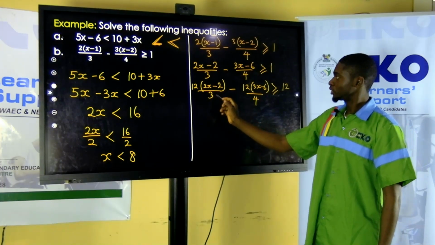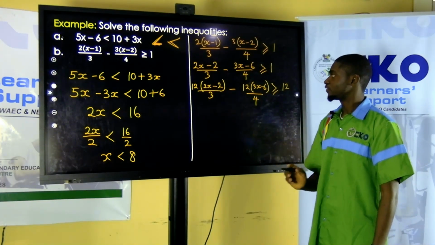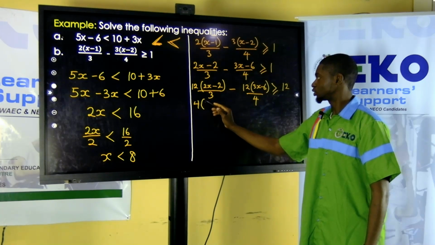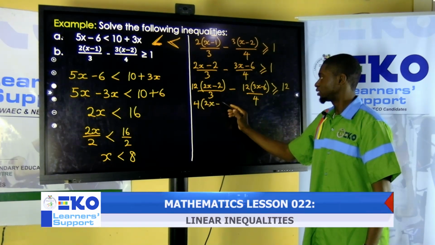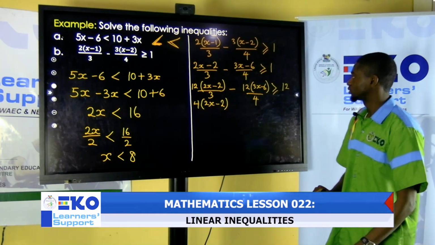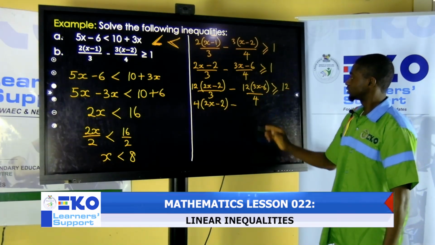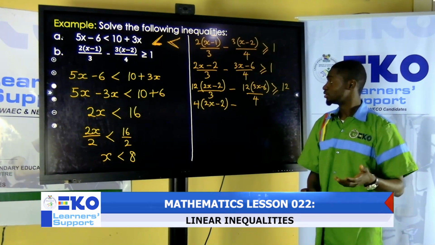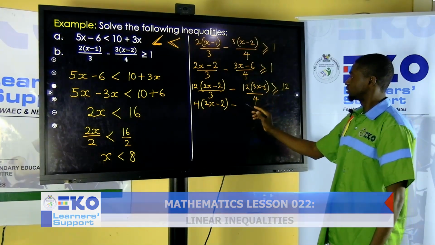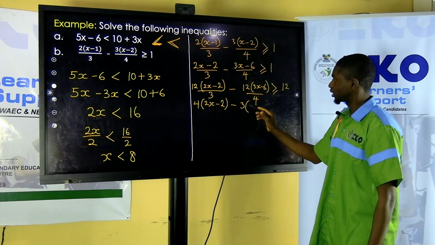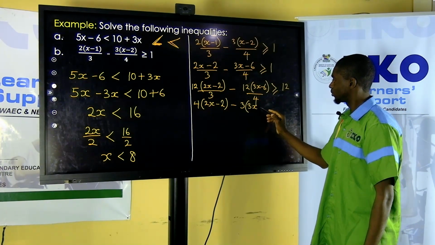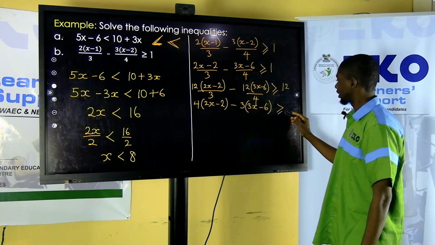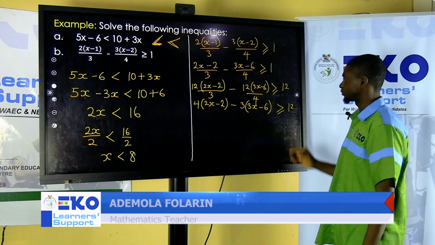It's easy: 3 goes into 12, 4 times, so 4 open bracket 2x minus 2. Minus, 4 goes into 12, 3 times, so 3 open bracket 3x minus 6, greater than or equals to 12.